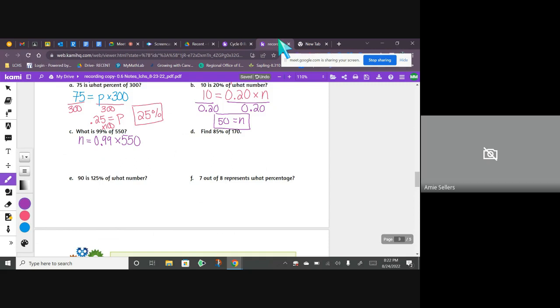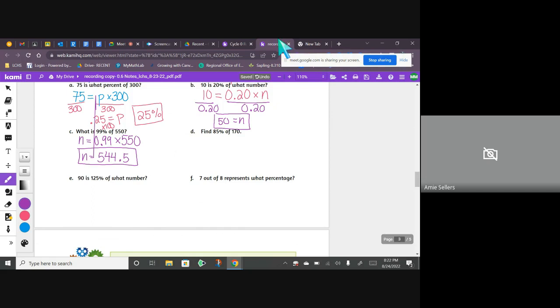This one already has the variable all by itself, so we don't have to undo anything. All we have to do on this one is take 0.99 times 550. And we get 544.5.